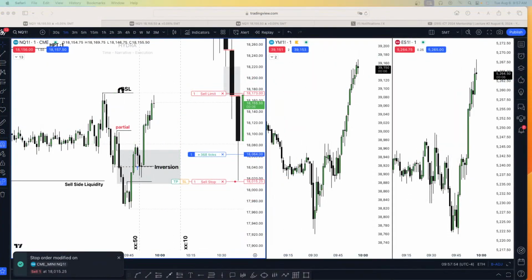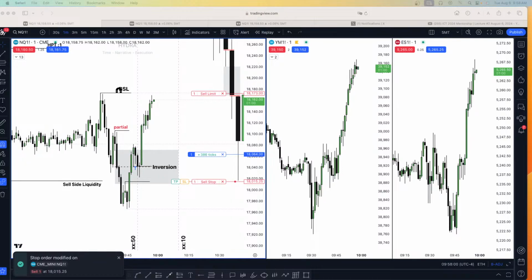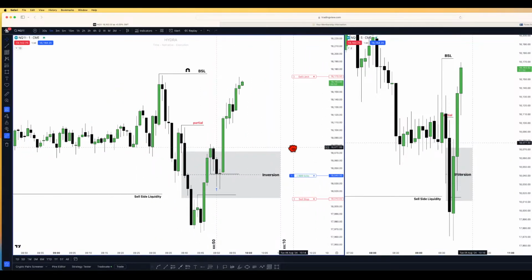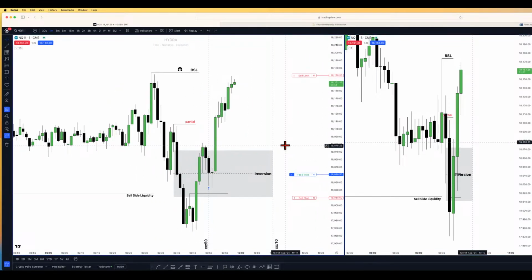Crazy, guys. Made 2.5k in this trade with one contract. Damn. $2,000 in this trade. I usually aim for only like 1,000 to 1,500.